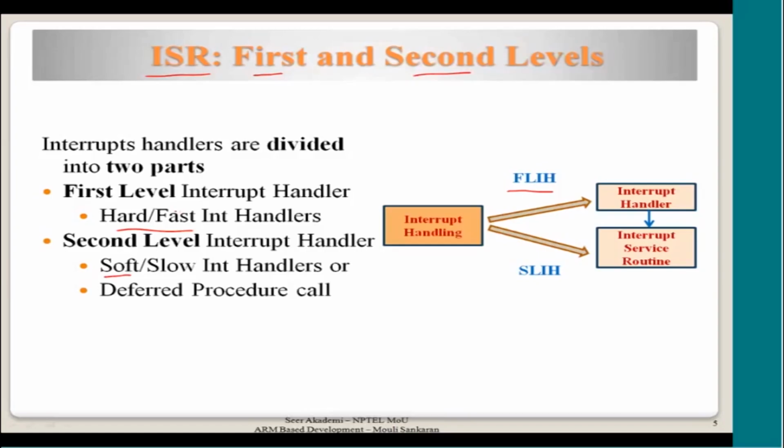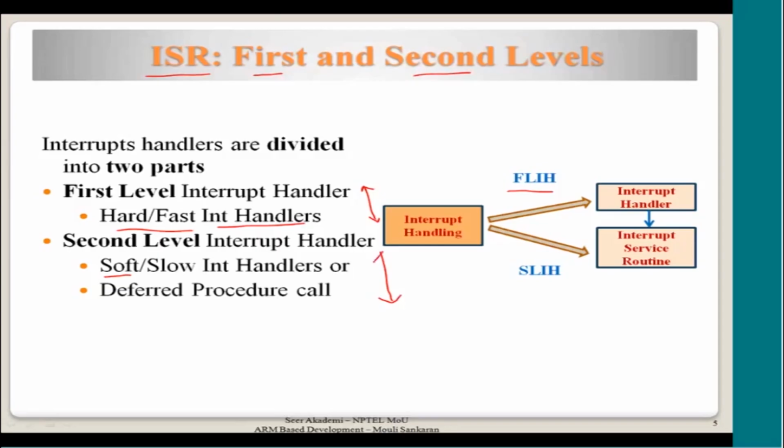So the first level needs to be handled within some time gap, otherwise the data will be lost, and if it is very critical data, it may be a catastrophic failure from the system perspective. But soft means the second level handling could be delayed. Once the first is done on time, this can be a little bit delayed, no issues.